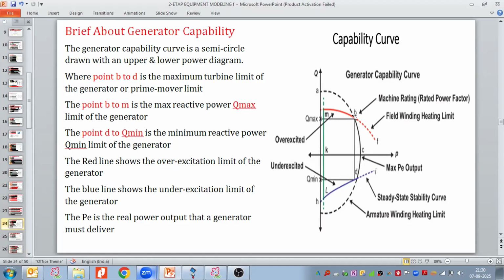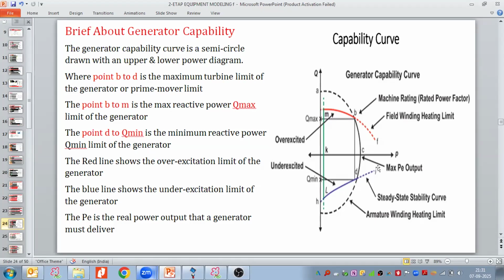As you can see over here, it is my maximum reactive power Qmax, and then here we have my minimum reactive power Qmin. When the generator is operating above this limit, we say the generator is operating under the overexcitation limit. And if it is below this minimum reactive power, then it is an under excitation limit.